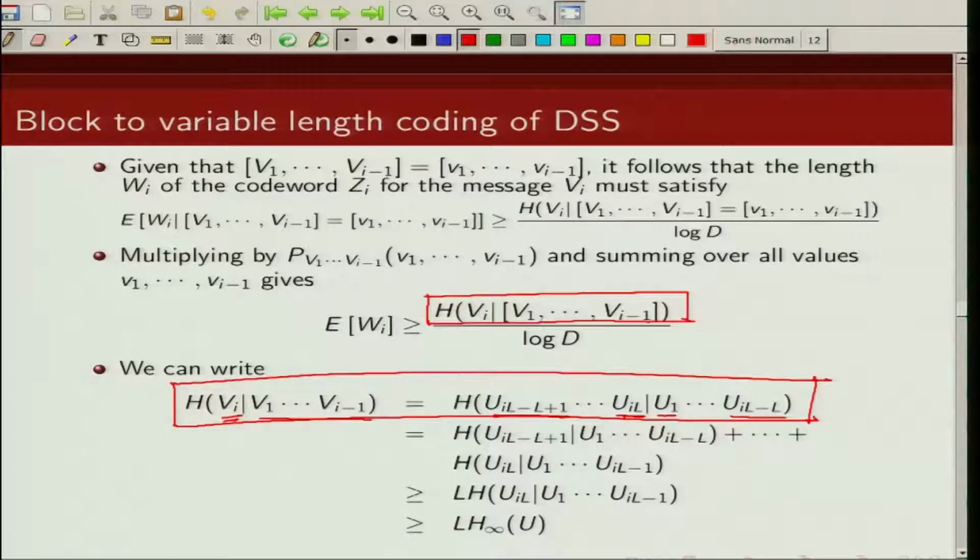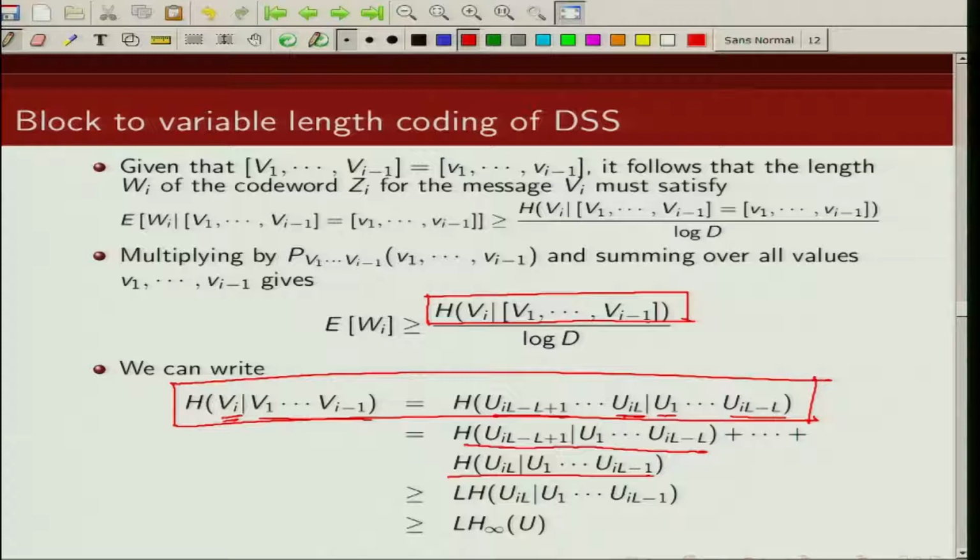Next, we apply the chain rule. So we can write this as the uncertainty in U iL minus L plus 1 given U1, U2, U3, up to U iL minus L, and we will have terms like this, and finally the uncertainty in U iL given U1 to U iL minus 1.